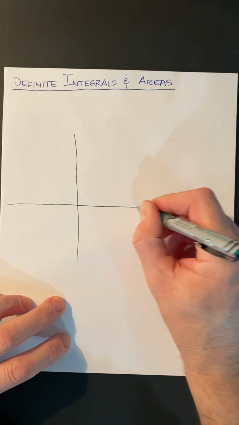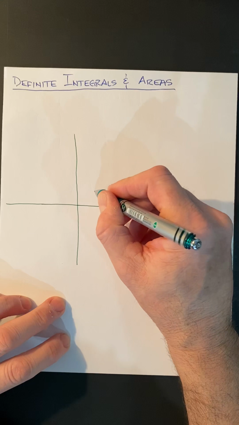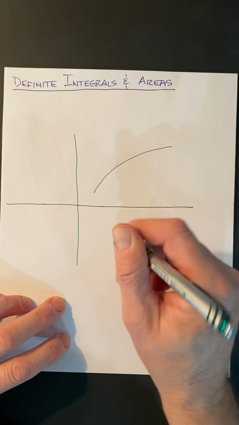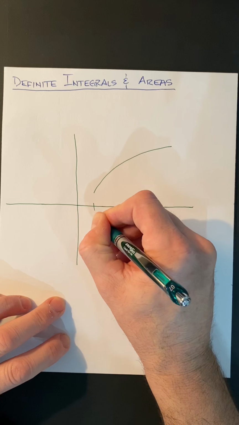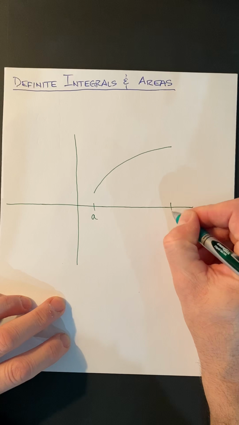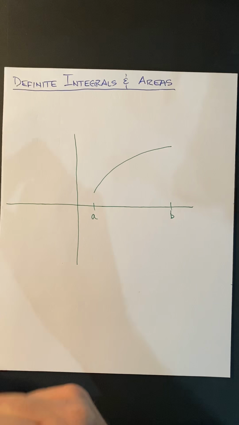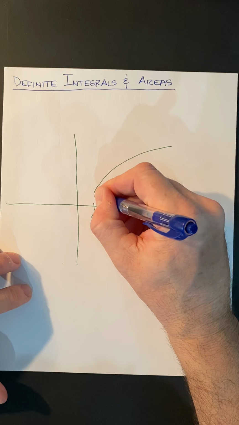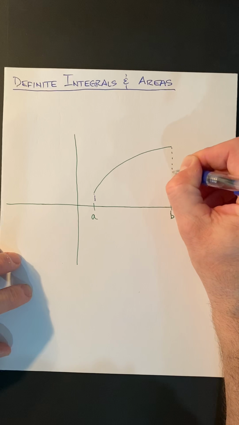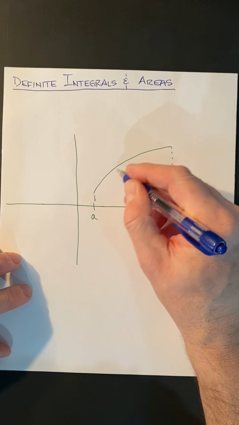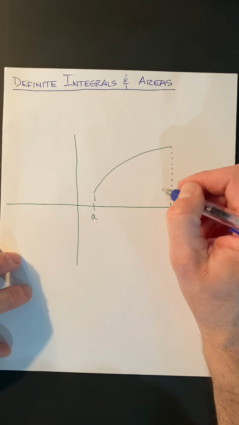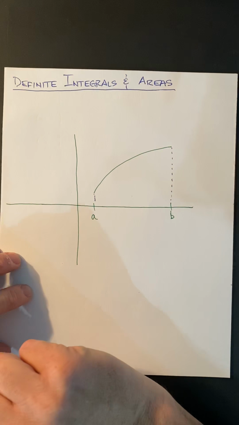If I have some curve and I'm looking from point A to point B under this curve, I need a way to calculate all of this area underneath this curve, okay?